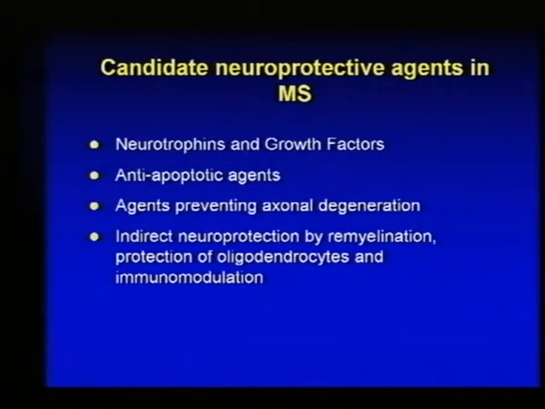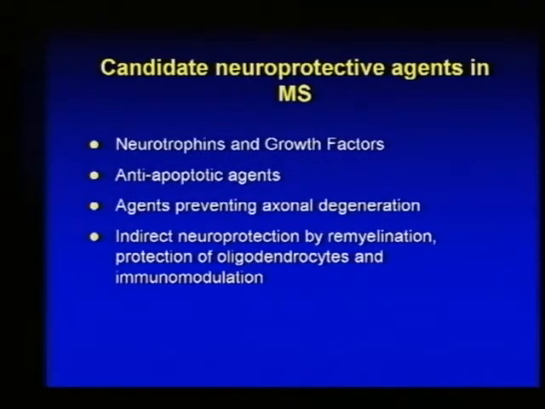We can use agents to prevent axonal degeneration. This would be very useful in MS and transverse myelitis, where axonal degeneration is thought to correlate with disability. And we can continue to use our anti-inflammatory agents, as they may cause indirect neuroprotection because you're preventing this attack on the nervous system.